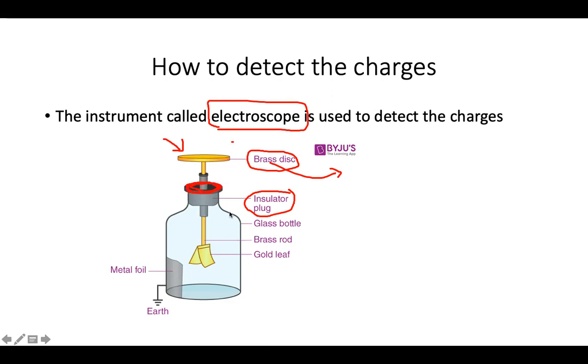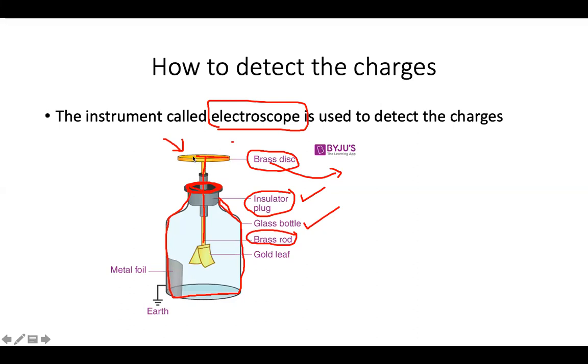After that, down here, the casing is a glass bottle, not metallic. These are a few things you need to take note of. The casing around the electroscope is made of an insulator, which is glass, just like this insulator here that we have. Down here, we have a brass rod. This thing goes all the way up to down here.